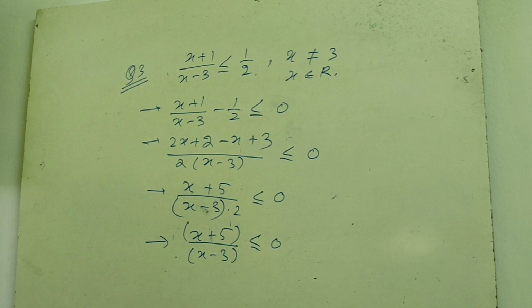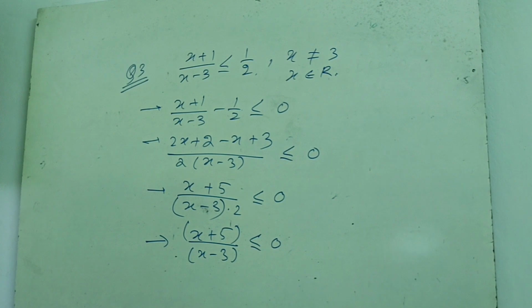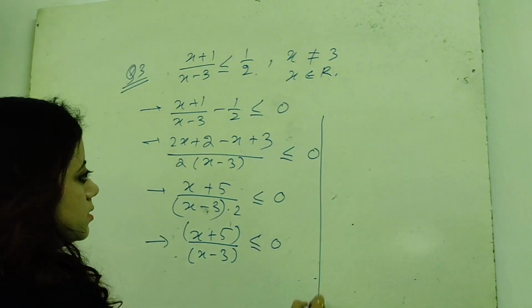Okay. Here, what is the difference from the last sum? In the last sum, there was no x in the numerator. But here is a big problem. You will get x in both the numerator and the denominator. So what will I do?